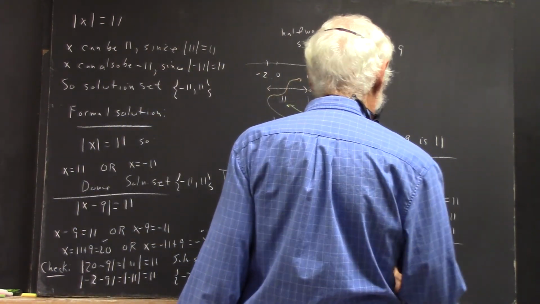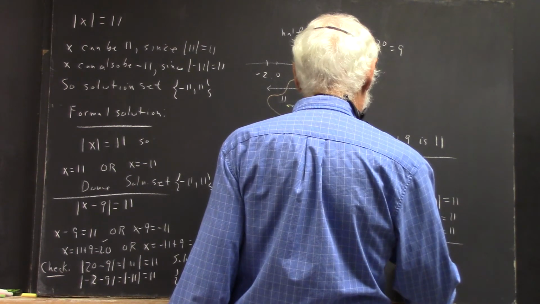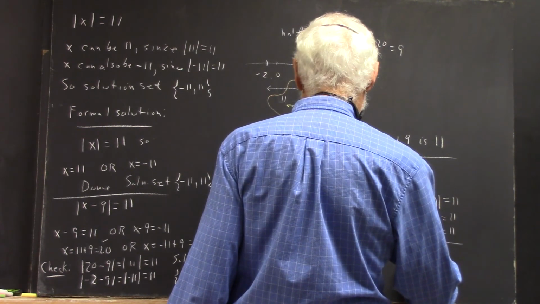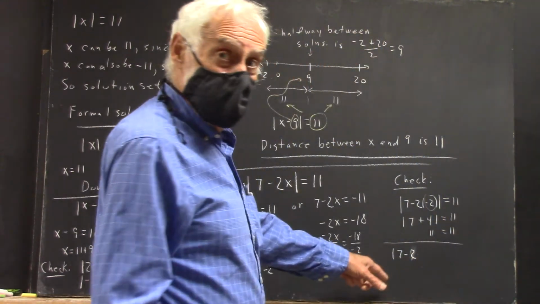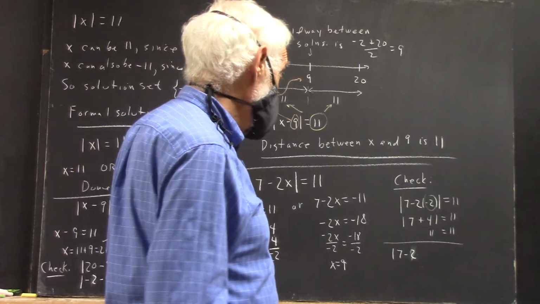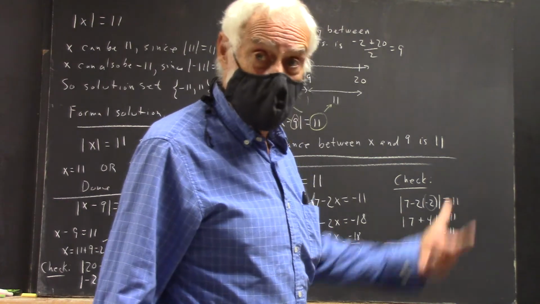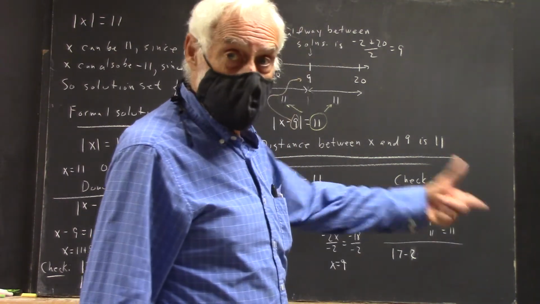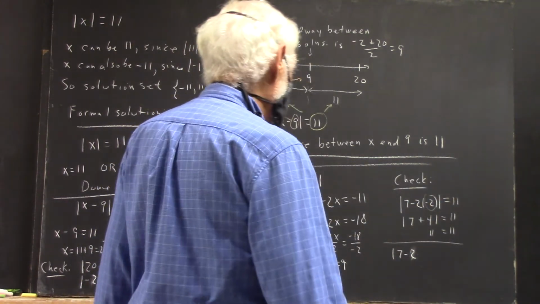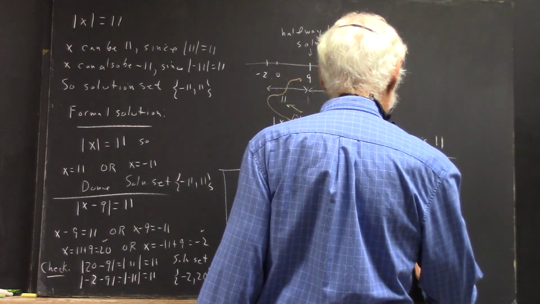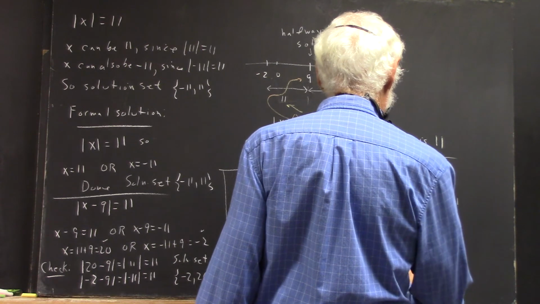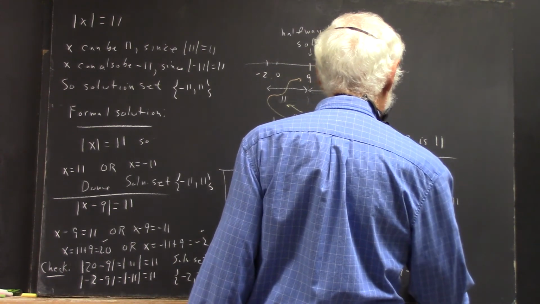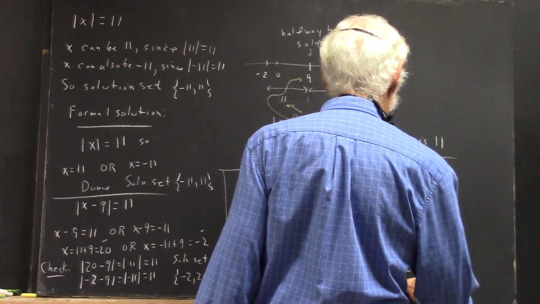And then absolute value of 7 minus 2 times 9. See what I mean? I almost wrote down 9, but I realized that wasn't going to work because it was going to give me a negative 2 here, and 2 is not equal to 11. Okay, but now we got this, and that's absolute value of 7 minus 18 equals 11.